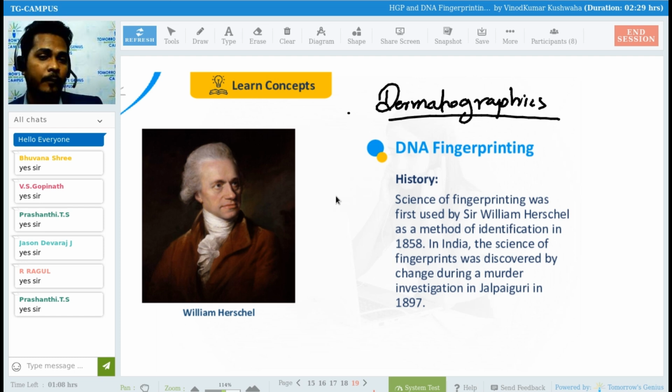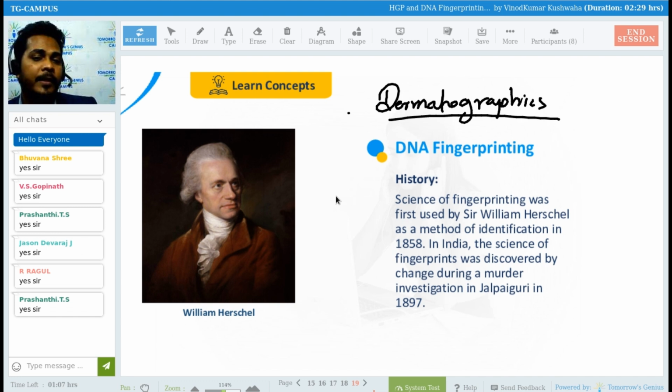It has always been a subject of human interest since ancient times, when people used to hunt for food with the help of animal footprints, right?